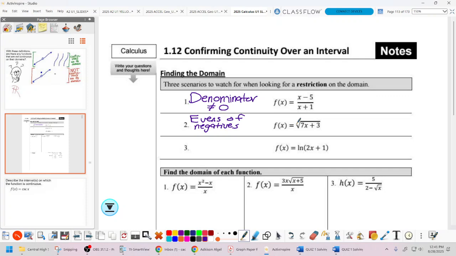So look for that. Do you guys remember the restrictions on logs? It might help if you think of the graph. I'll remind you. Remember, log is the inverse of exponential, so that's exponential, and log is the inverse of that, so it's mirrored, so it looks like that. Let me try again. There we go. So what is it avoiding? Like, if you said log of this number, it would say undefined.